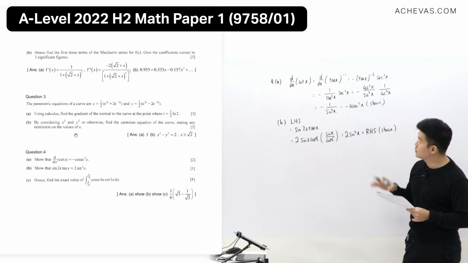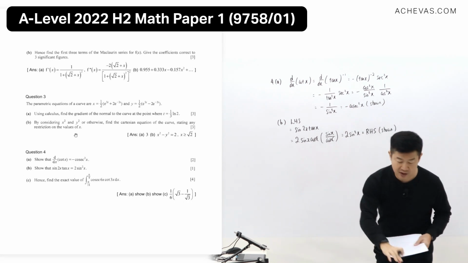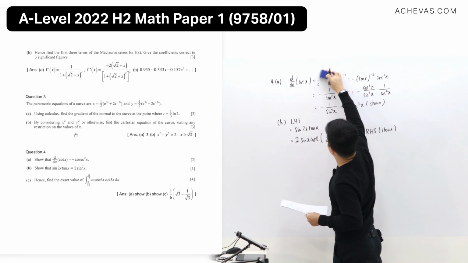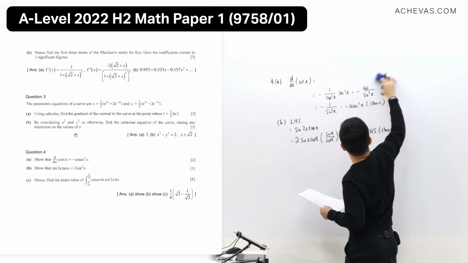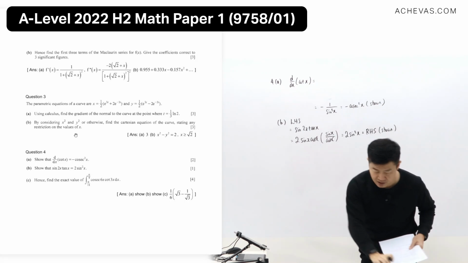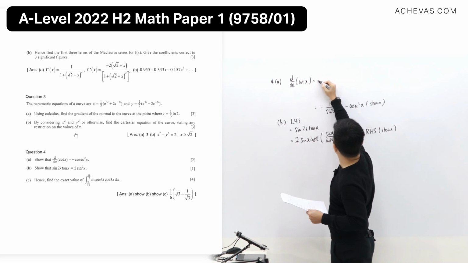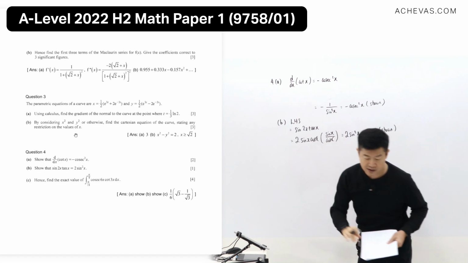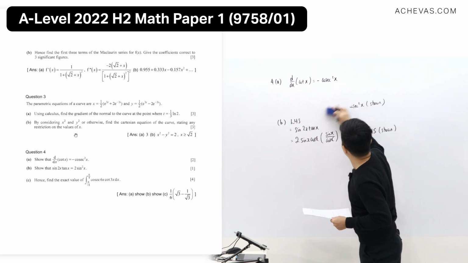C, we are supposed to make use of what we have now to do some integration. Maybe let me just erase the board a little bit, and leave myself with the kind of information that I need, which is this here. This here is giving me a negative cosecant square x. Okay, this is from 4a.